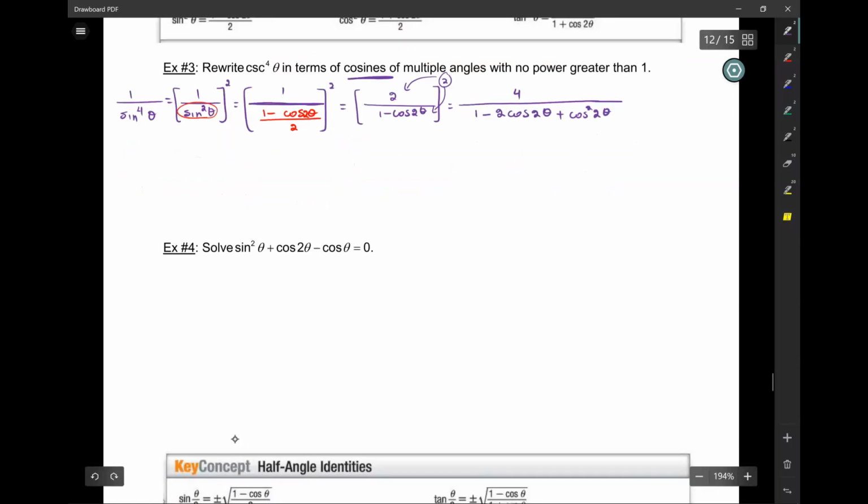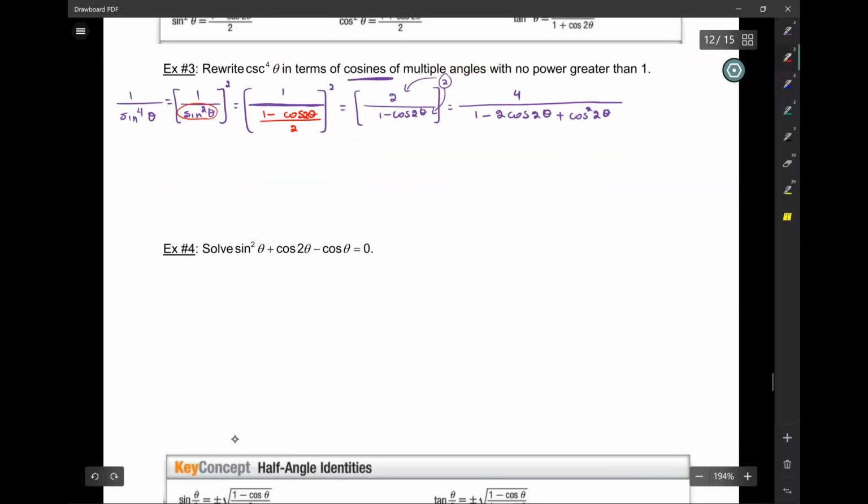So now I need to get rid of this. So this is going to be 4 over 1 minus 2 cosine 2 theta plus, I need to change that thing in the red. Cosine squared 2 theta, can't have that.